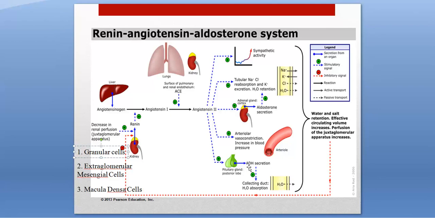In extreme circumstances, ADH will bind to the smooth muscle of arterioles and cause an increase in vasoconstriction. The increase in vasoconstriction will cause a decrease in the diameter of the blood vessel, which leads to an increase in peripheral resistance and thus an increase in blood pressure. The second effect of ADH is that it binds to cells of the kidney tubules.